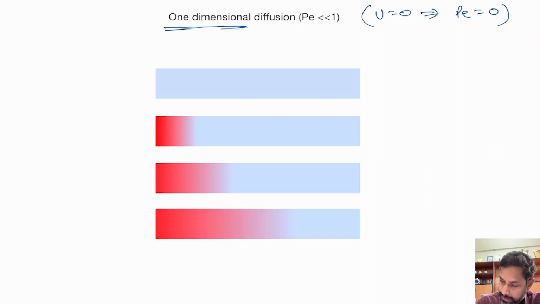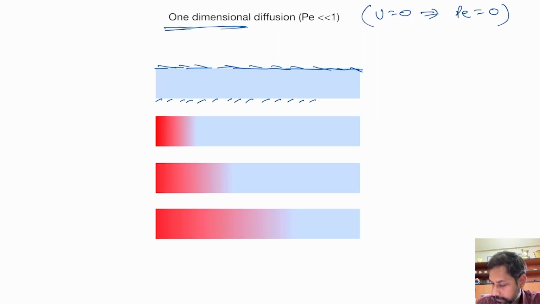Okay, so let's consider this is the porous media. This is a one-dimensional medium. So this side is closed, and this side is closed. Okay, and we consider that concentration is equal to 0 everywhere originally, and this is simply, let's say, water.